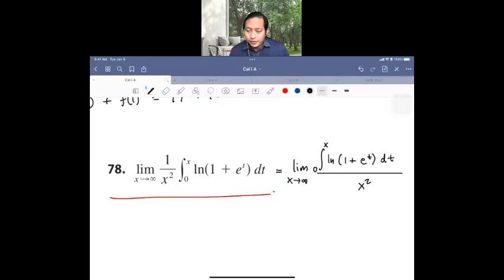Now, if you remember how we can take the L'Hopital rule, if we check when x is going to infinity, then we will have infinite over infinite, right?